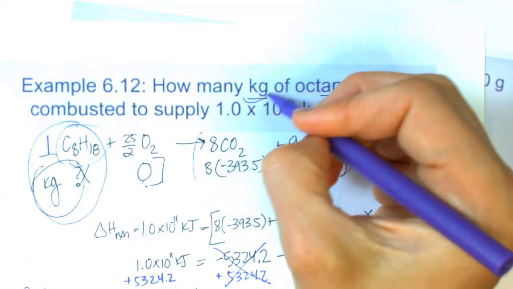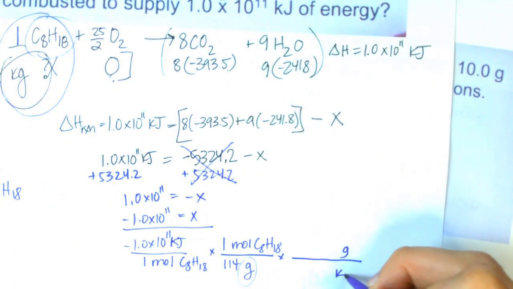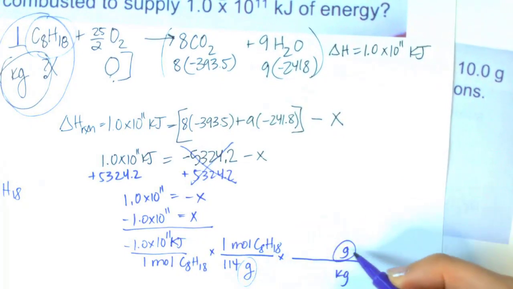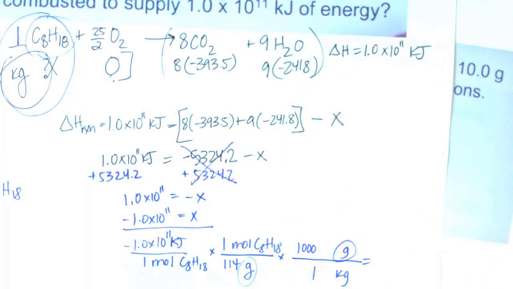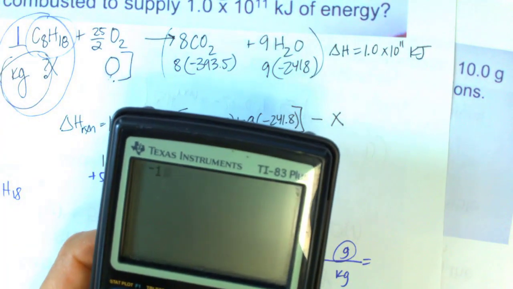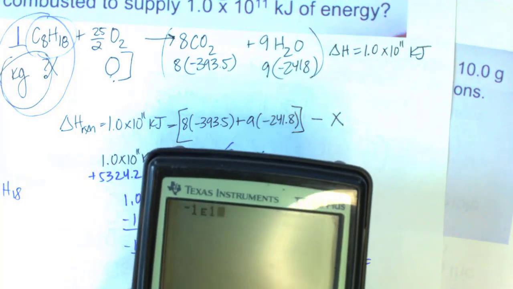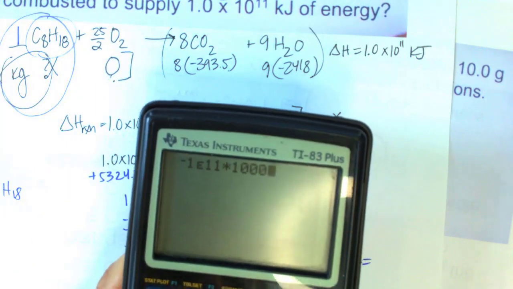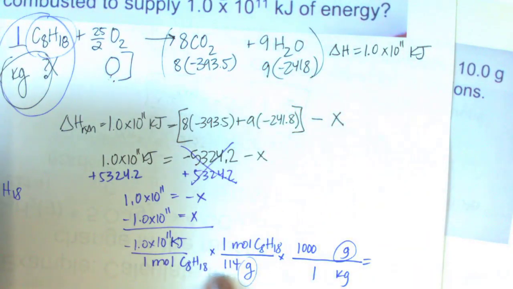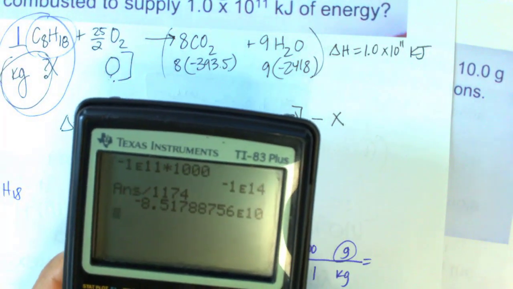And we're almost there. This is for grams. We want kilograms. So let's do 1 more conversion, grams to kilograms. Make sure that our grams and grams are diagonal from each other. 1 kilogram is 1,000 grams. So we're going to take negative 1 times 10 to the 11th, times 1,000, and divide by 114.